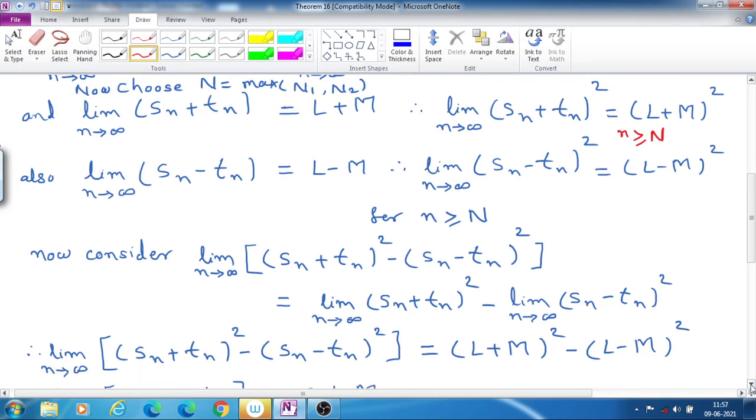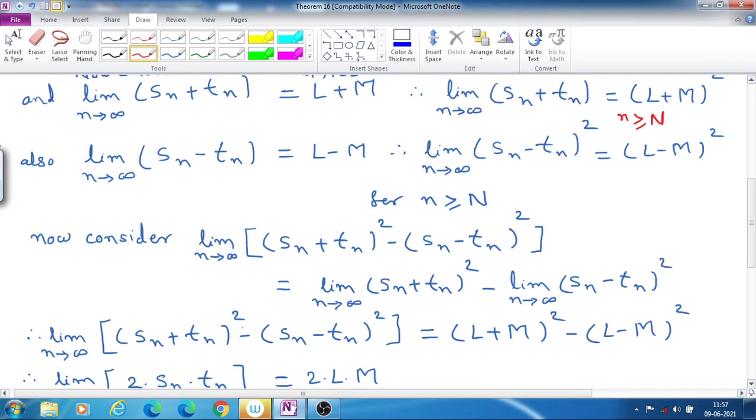So we substitute the values of these. The limit of (Sn plus Tn) square is (L plus M) square, and the limit of (Sn minus Tn) square is (L minus M) square.